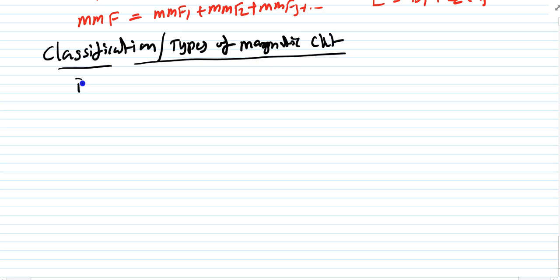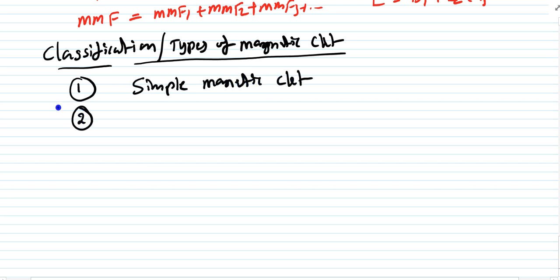The first classification is the simple magnetic circuit. The second one is the composite or series magnetic circuit.